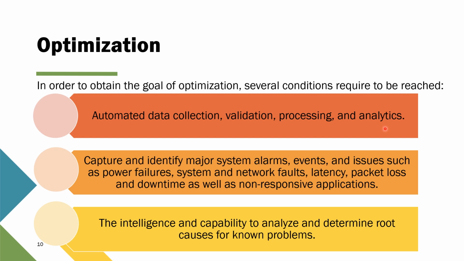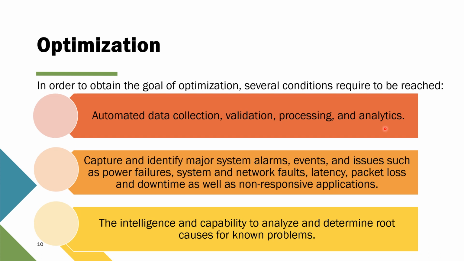The data of the operation is supposed to be automatically collected. It's supposed to be automatically validated, and this data will be processed and come out as a graph or anything, so that we can analyze the operation as a whole at one time.